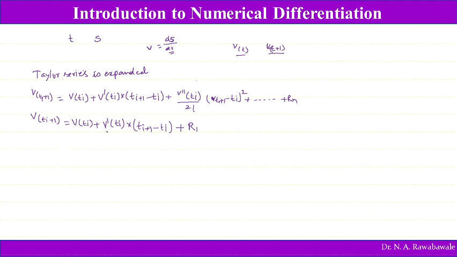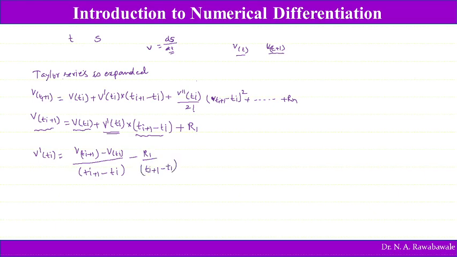Here we want to find v dash of ti, so we transfer v of ti to the left hand side. So v dash of ti is equal to v of ti plus 1 minus v of ti whole divided by ti plus 1 minus ti, minus R1 divided by ti plus 1 minus ti.